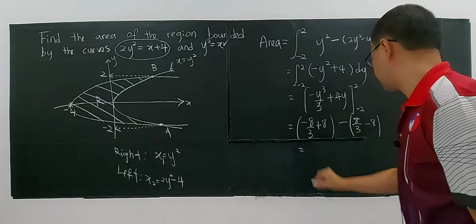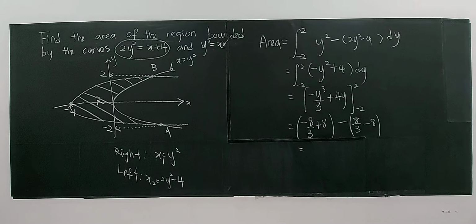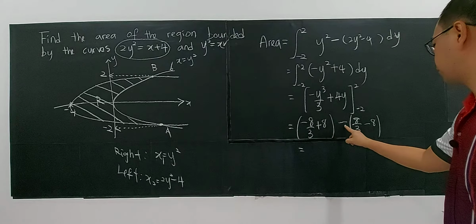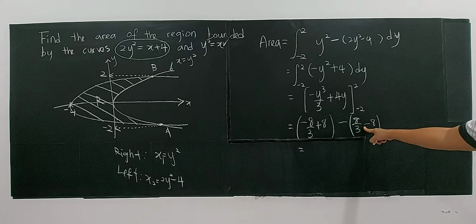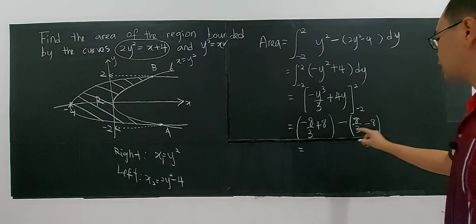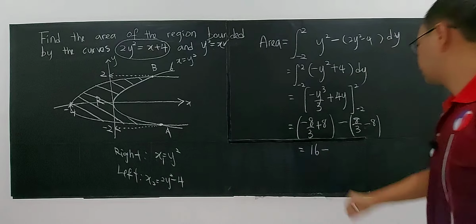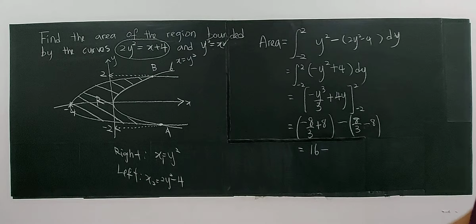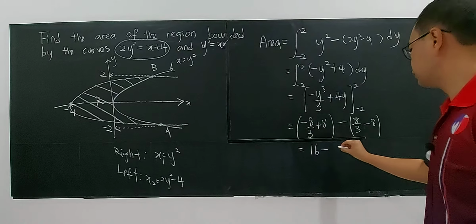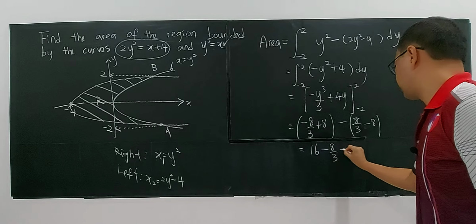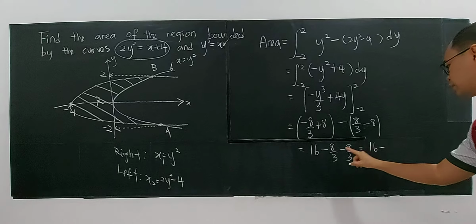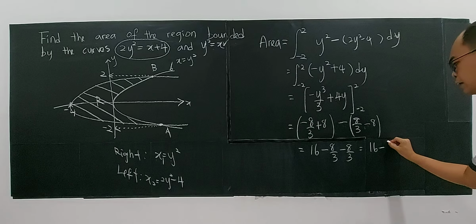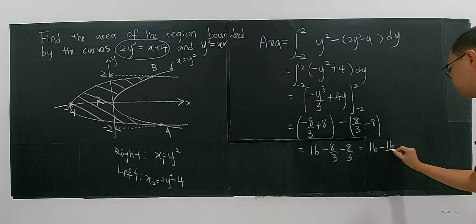Alright, let's see what you get. Here you have 8 plus 8, which is 16, minus 8 over 3, which gives you 16 minus 8 over 3, which is 16 over 3.